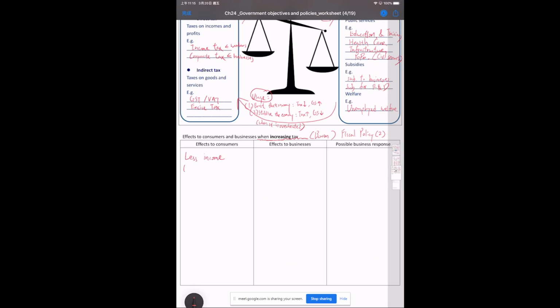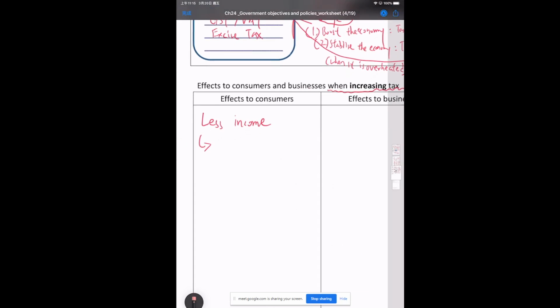Because of that, there will be less spending for goods and services, and at the end you can tell the demand for goods and services is going to go down.